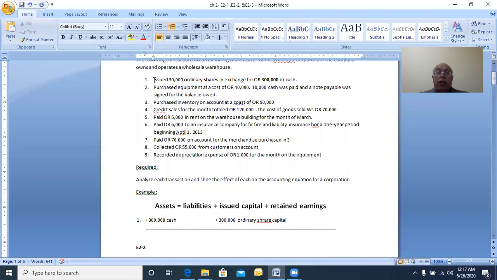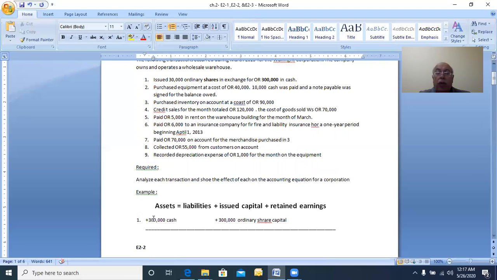This is the first transaction, which shows us 30,000 shares. Since we issue the shares and sell them, we receive 300,000 as cash. What happened to the cash? It's a plus. Our company's cash increased.